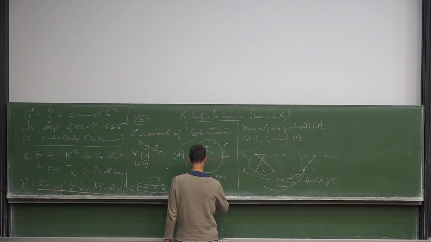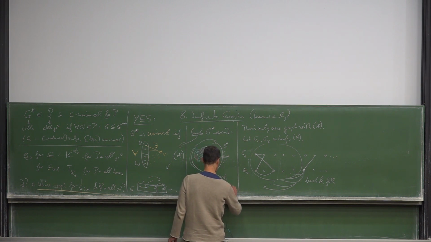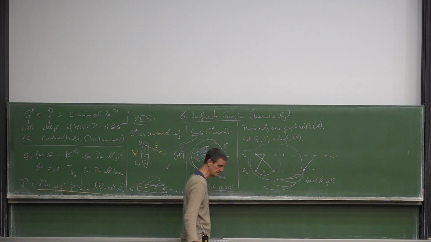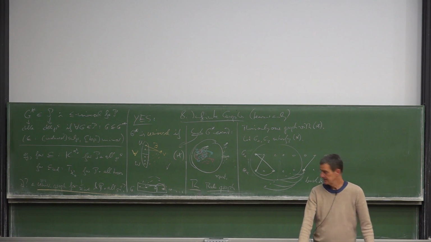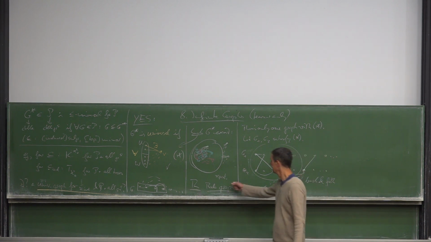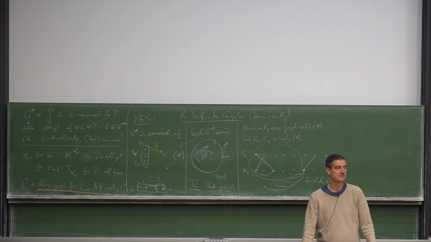Richard Rado was one of the early graph theorists. He emigrated to the UK in the 1930s and became a professor in Reading, where he stayed for the rest of his life. And yeah, so this graph is named after him.